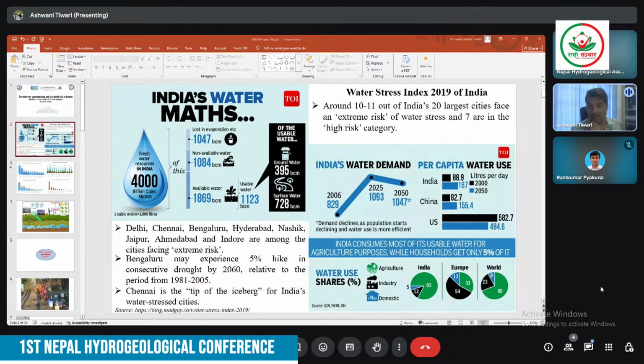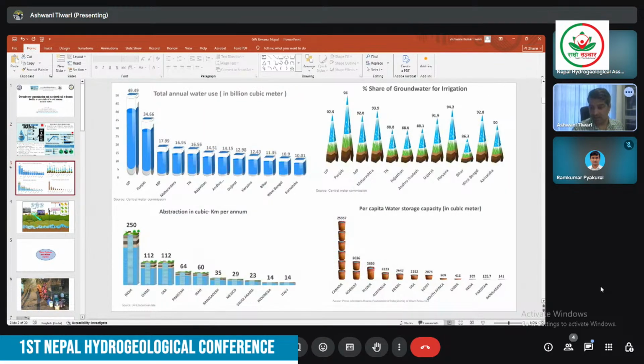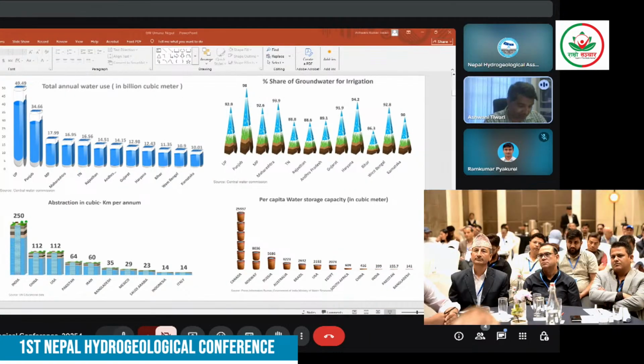It's showing the percentage shares of groundwater for irrigation. India's water maths is the second one, and the third one is the bar chart, I think. Yes, this one is the bar, total water use. Okay, I have to change every time, minimize it and change it. I don't know what the issue is.